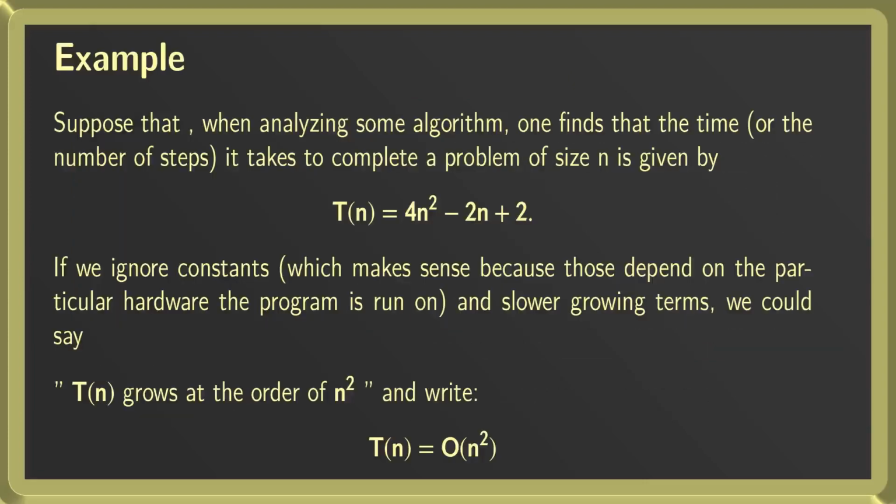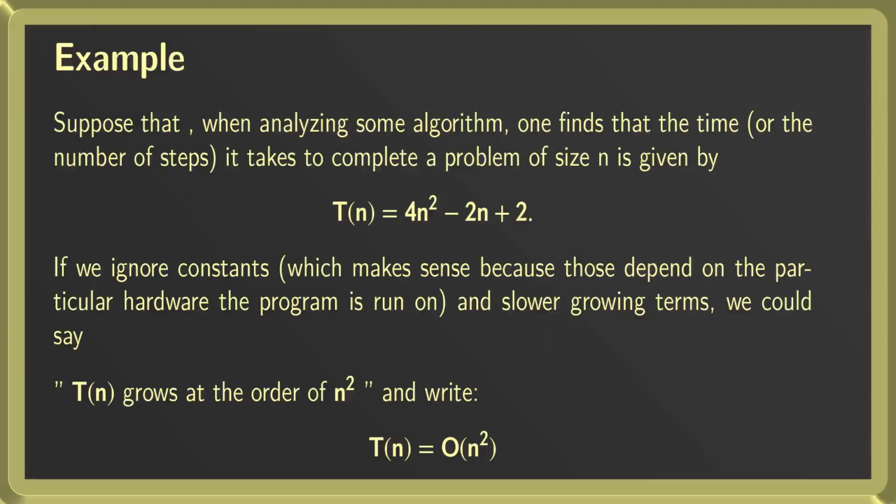For example, when analyzing some algorithm, one might find that the time, or the number of steps, it takes to complete a problem of size n is given by T(n) equals 4n squared minus 2n plus 2.